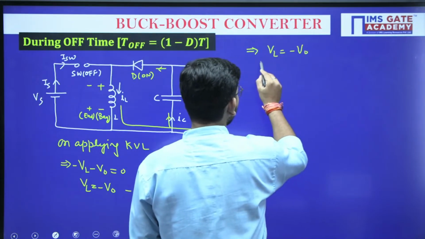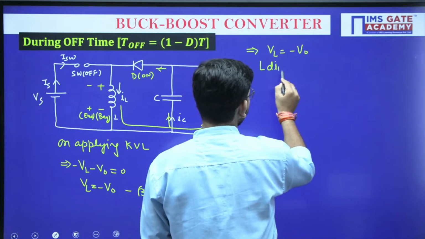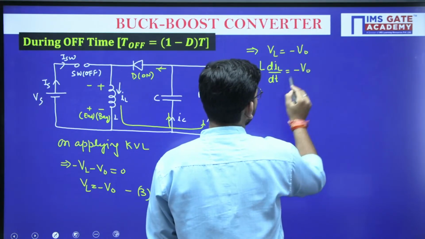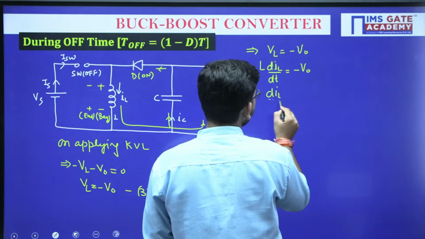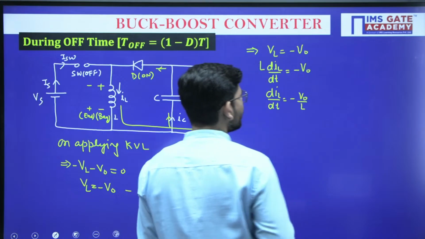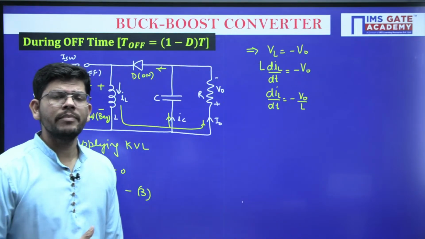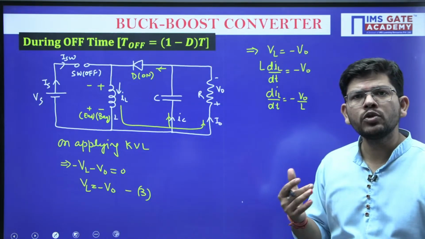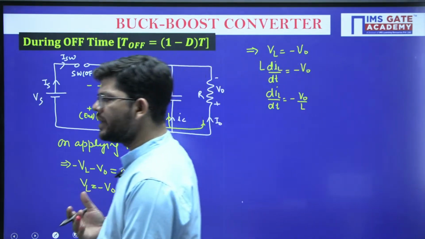If VL is minus V naught, that means L dIL by dt equals minus V naught, or dIL by dt equals minus V naught by L. Now what does dIL by dt represent? It represents the change in inductor current. It also represents the slope, the derivative of inductor current.